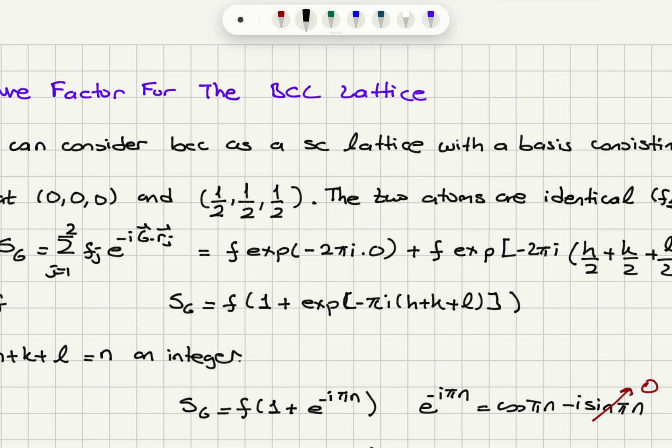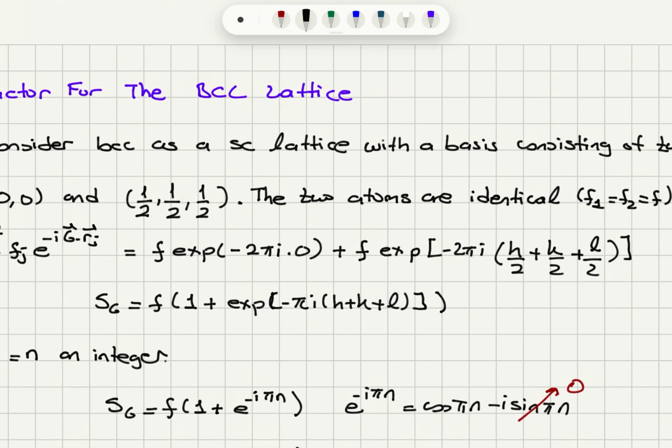For j equals 1, I have the 0, 0, 0 position, so exponential of minus 2 pi i times 0, plus f times exponential of minus 2 pi i, so the h vector dot product with 1/2 x hat, etc. So I will find h over 2 plus k over 2 plus l over 2. So this will give me the geometrical structure factor f times 1 plus exponential of minus pi i (h plus k plus l). The 1/2's will get rid of the 2.